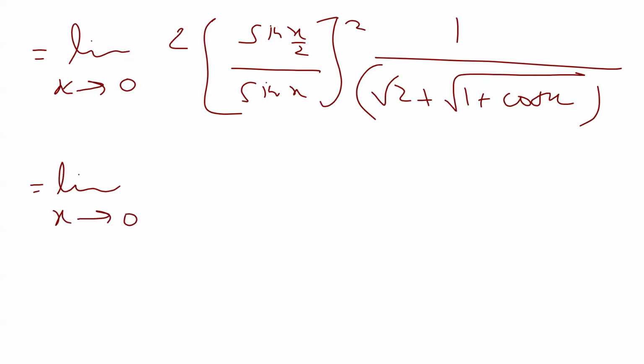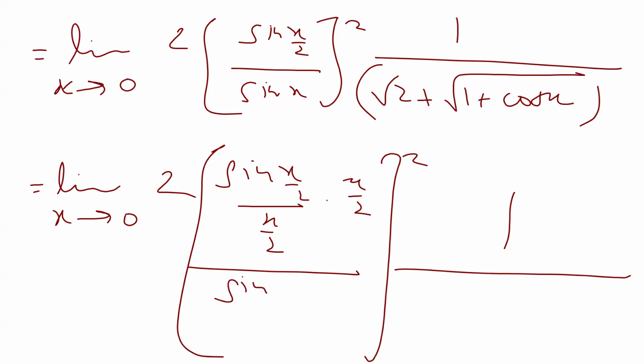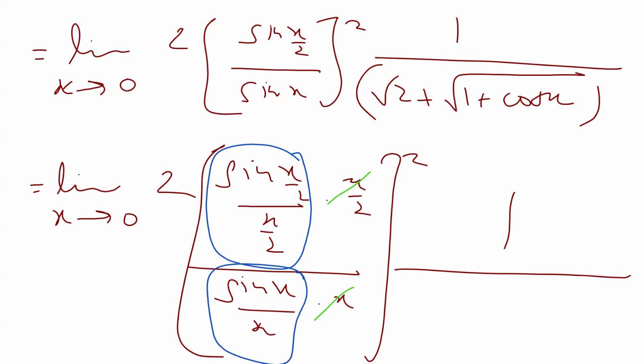Limit x approaching 0, 2 divided by x by 2 multiplied by x by 2 within the square, and down also divide by x multiply by x. So this x is getting cancelled. This and this will be 1. And here it will be root 2 plus root of 1 plus cos x.